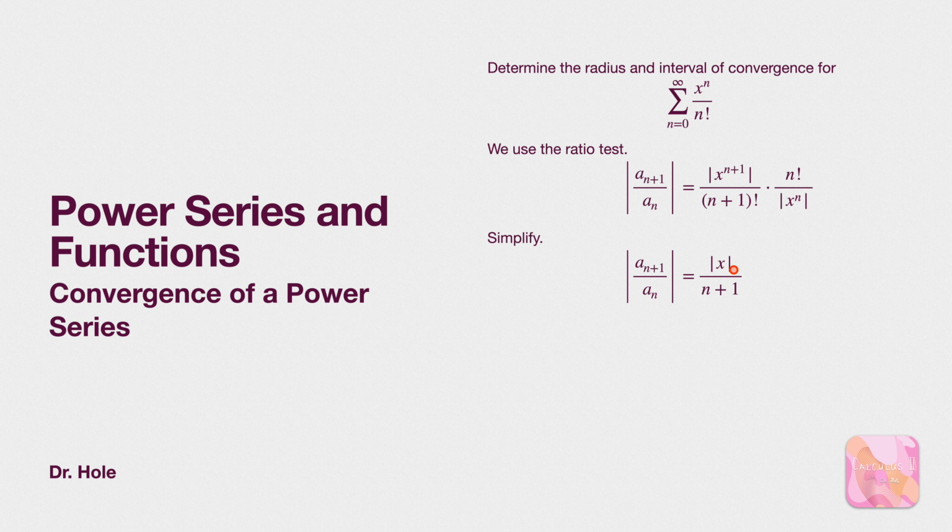So at some point, n will outstrip the absolute value of x, meaning that this limit is 0. We know that 0 is strictly less than 1. Thus, in applying the ratio test, we're coming up with rho equaling 0. And rho strictly less than 1 means that we have absolute convergence.